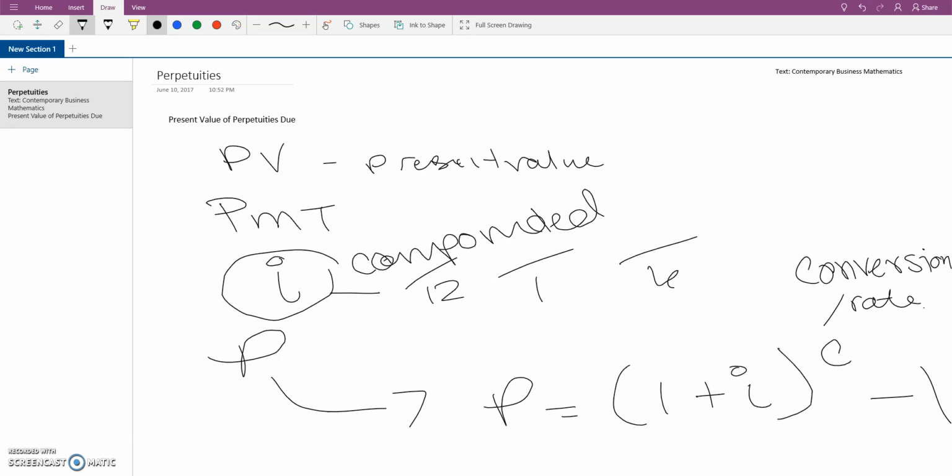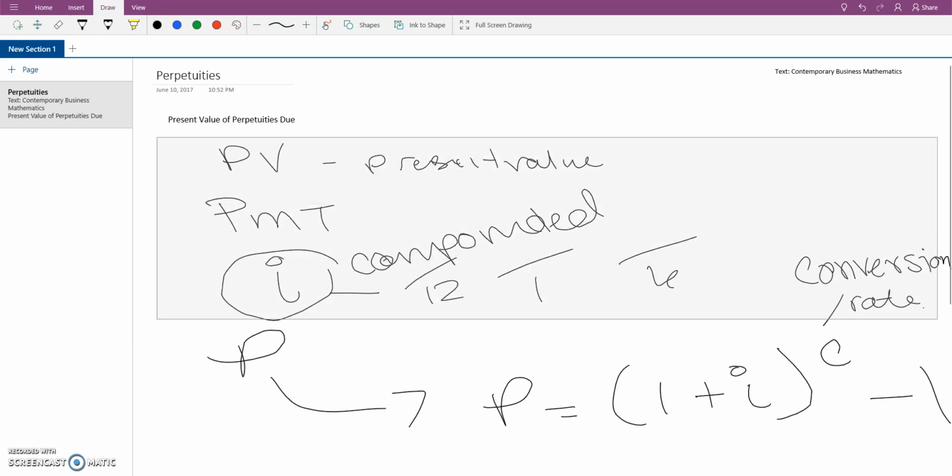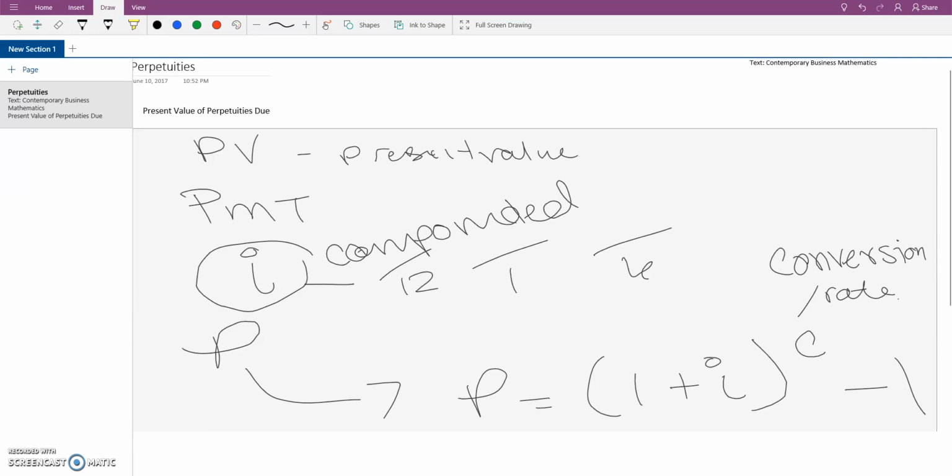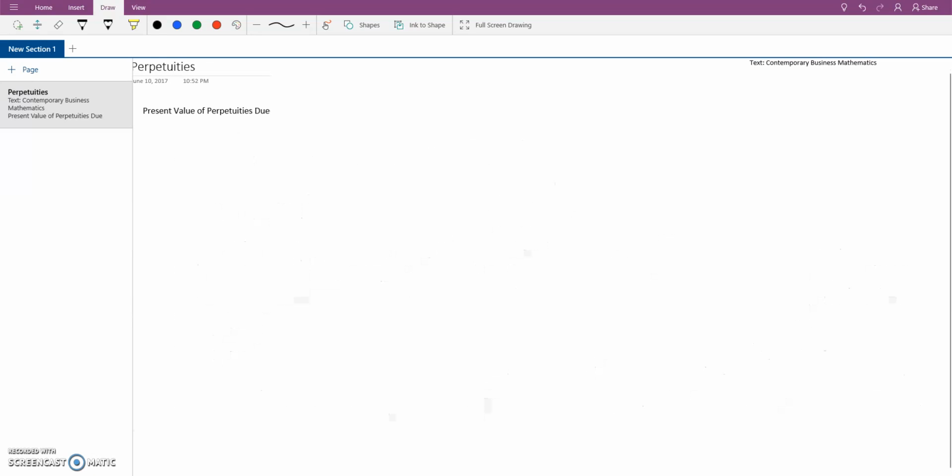So those are the four terms that you have: PV, PMT, I, and P. Now, if you want to see how that formula breaks down, it's pretty cool.